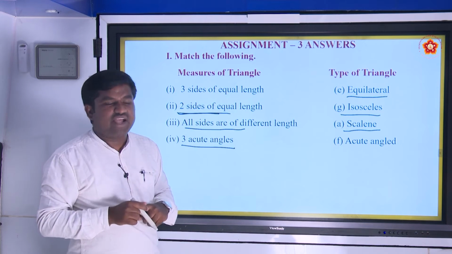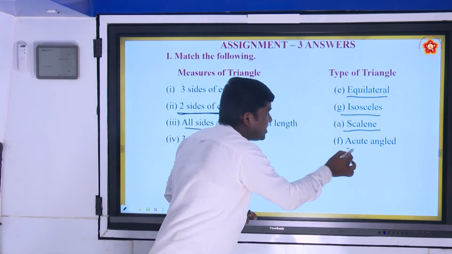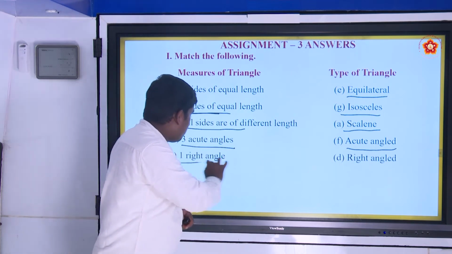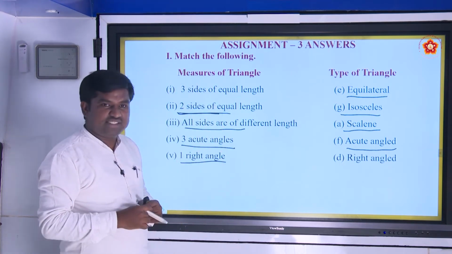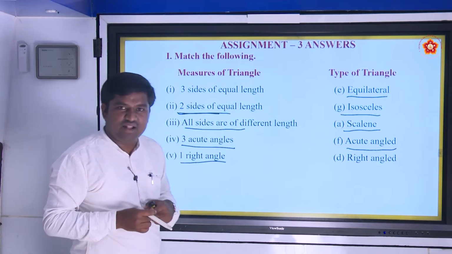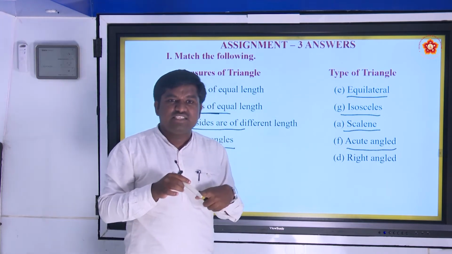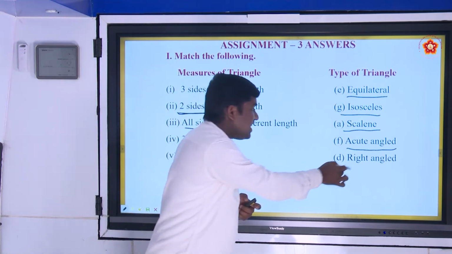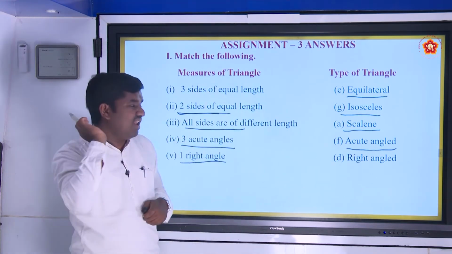That type of triangle is called an acute angled triangle. Next, right angle. You know the definition of right angle. Among three angles, if any one angle is a right angle, then that's called a right angled triangle.